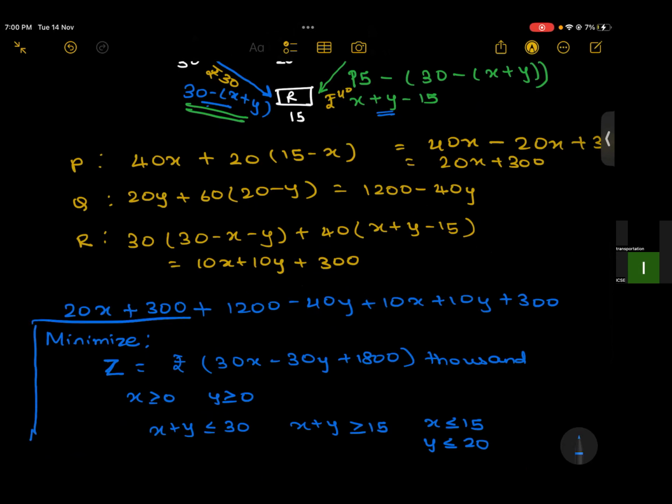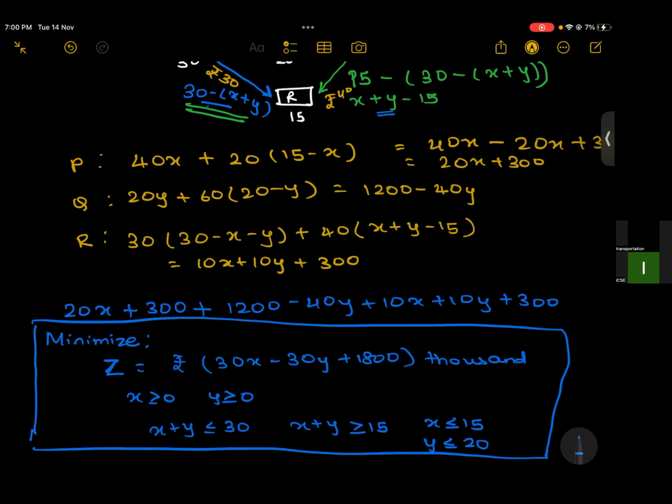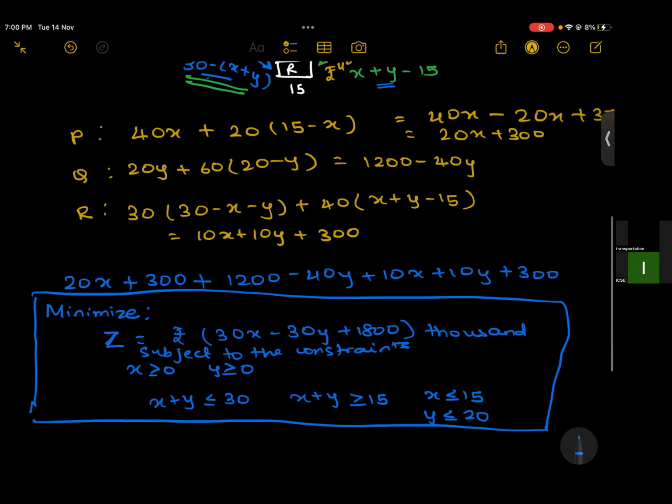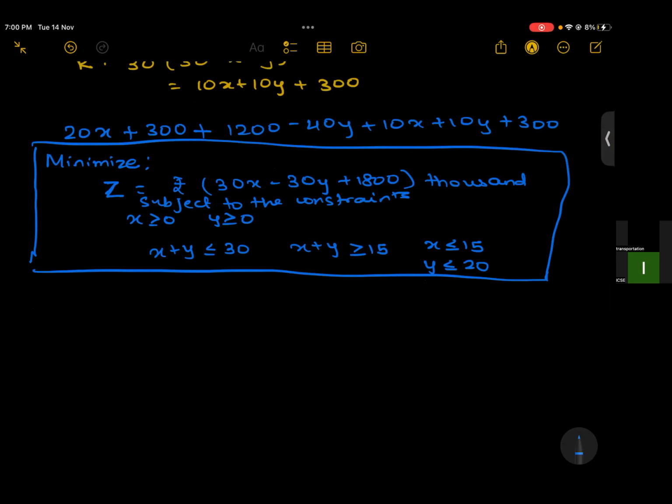This is your final answer, which will be written with minimize. You will write minimize this, subject to the constraints. In LPP questions, they usually won't ask you to solve the entire problem. But if they do, we'll equate each equation, you'll make your XY table, and you'll find your points.